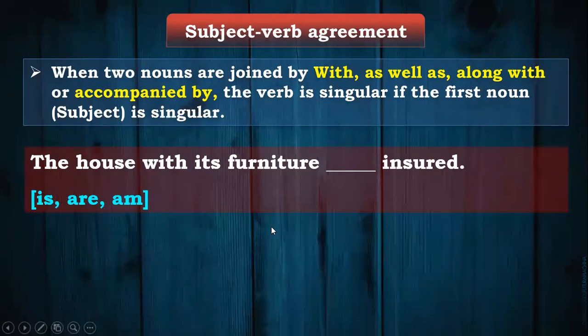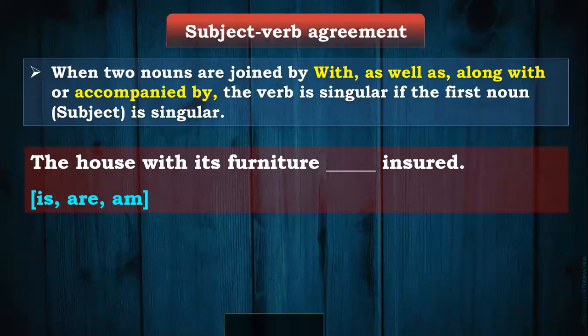The house with its furniture dash insured. Now, in this case, are we going to focus on its furniture? No. There are two nouns which are connected here with the word with. So we are going to focus on the first noun, that is the house.